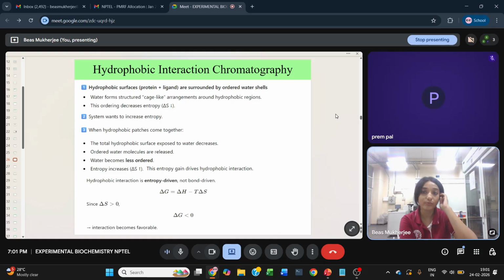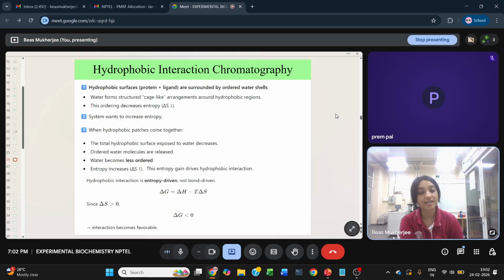Now when the hydrophobic patches come together, the water molecules that were there get displaced. So the entropy of water increases. As a result, the overall delta G becomes more negative, and so the interaction is favored. Right, so the total hydrophobic surface exposed to water decreases. The ordered water molecules are released, water becomes less ordered, entropy increases, and entropy gain drives hydrophobic interaction.